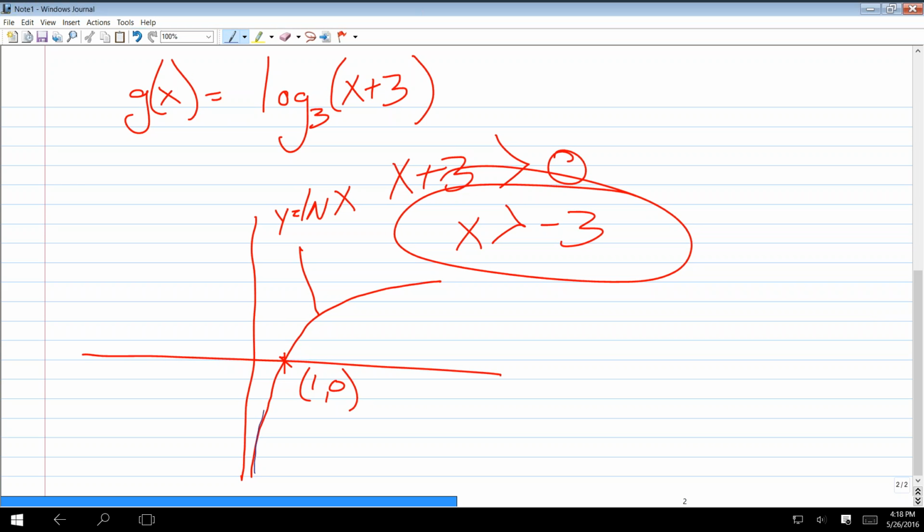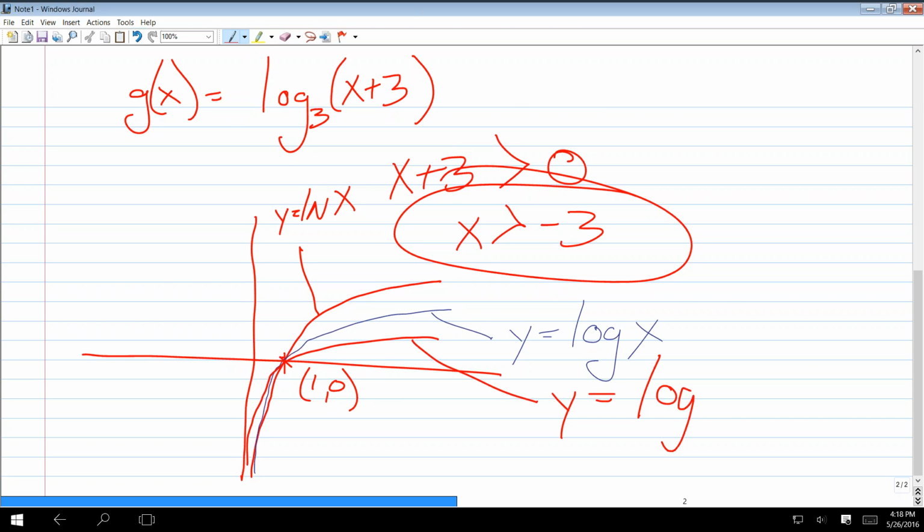In other words, maybe the blue line is y equal log of x. And maybe I have another line that is y equal log base 3 of x.